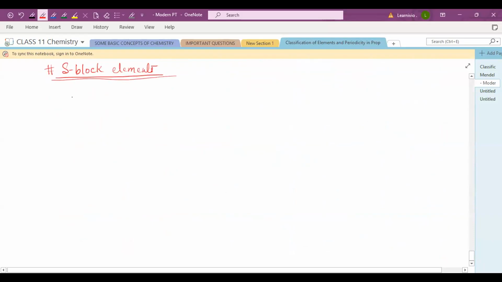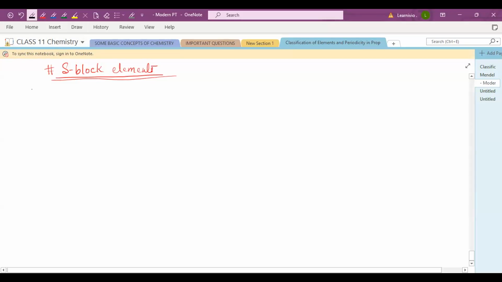We know the location of S block elements in the periodic table. S block elements lie on the extreme left of the periodic table and include metals. They have two groups: one is alkali metals, the second is alkaline earth metals.